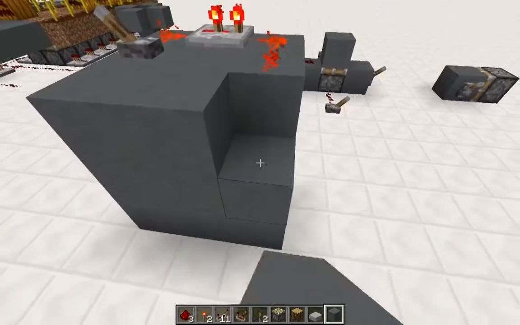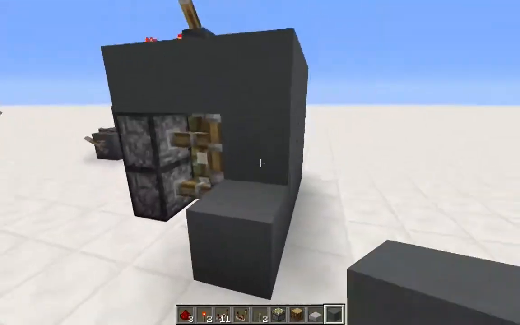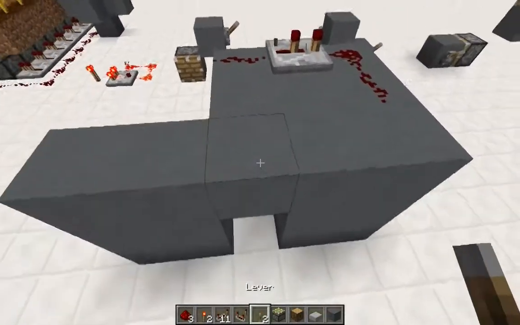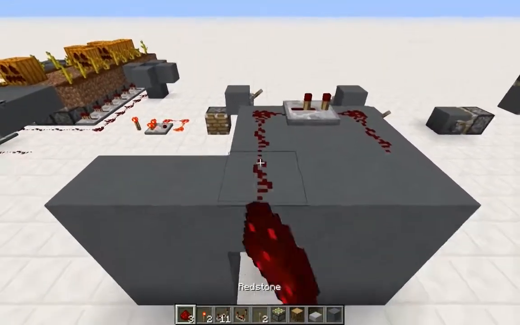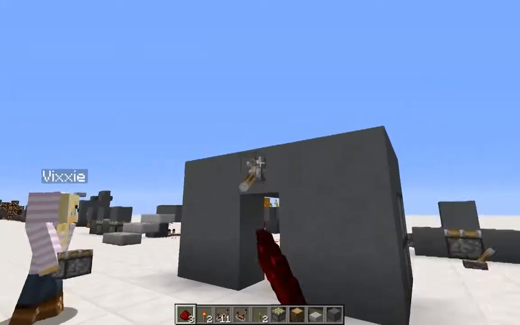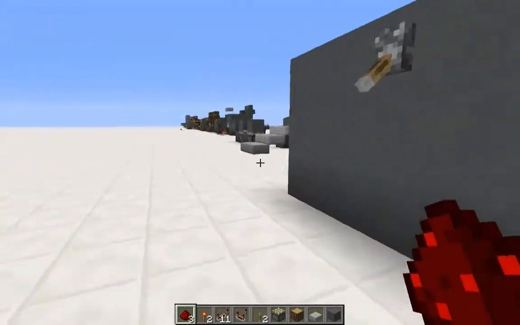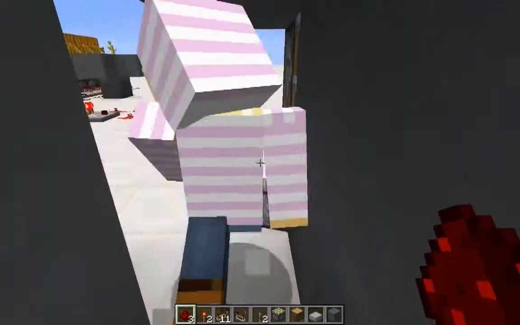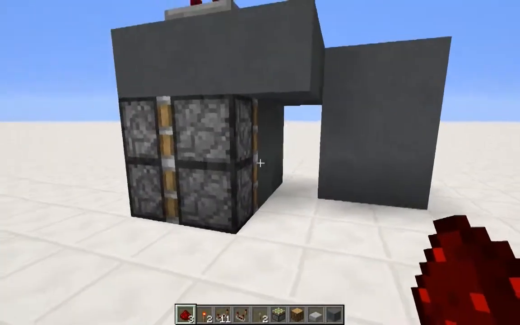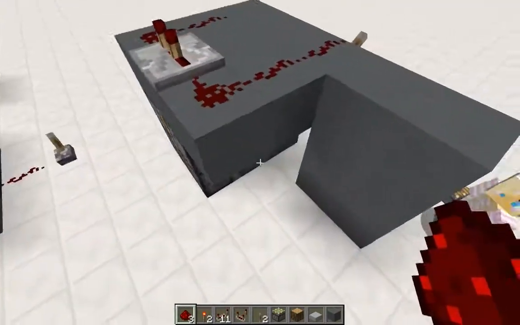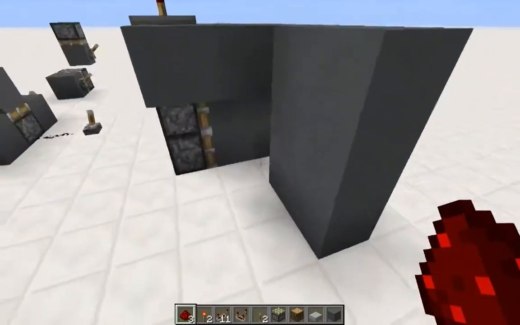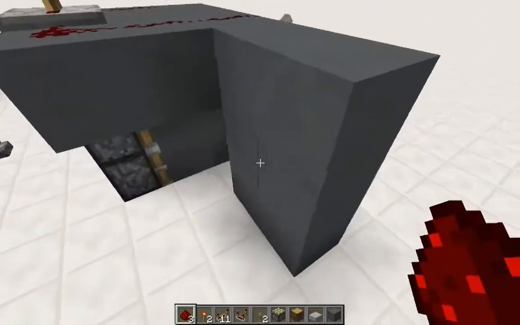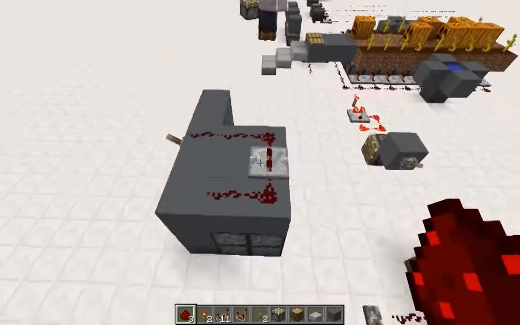So what you can use this for is, say you have a flush wall like that. Let me actually bring that lever back over here. You can have it be like a hidden door. Yeah, that's really cool. You can very simply reverse what I built there onto the other side, and you can have it be a 2 wide door. Yeah, that would be really cool.